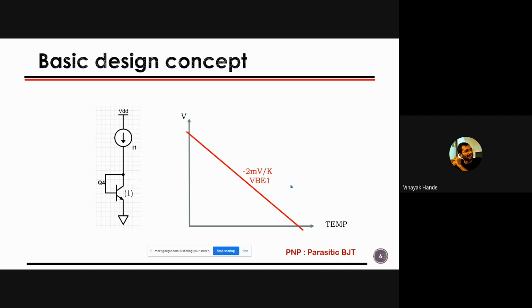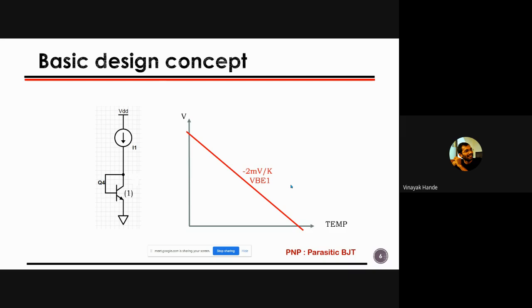Because generally people use the single well process or a twin well process, and in a twin well process you get only the PNP transistor. You cannot get the NPN transistor unless you go for a triple well process, and unless you require some specific application where the whole IC should be fabricated in a triple well process, people cannot go for triple well just for the sake of designing a voltage reference, because it is a very costly process.